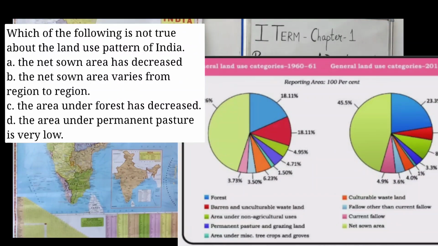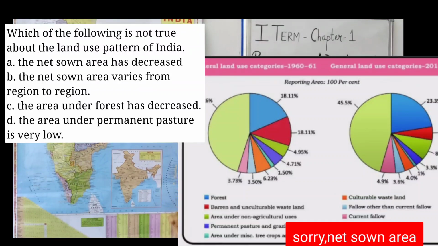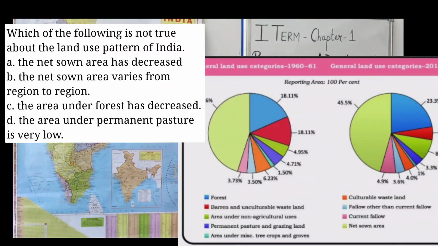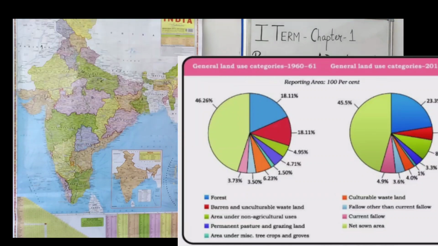Which is not true about the land use pattern? See the picture carefully. Net sown area has decreased? Yes. The land use pattern varies from one place to another? Yes. The area under forest has decreased? No. If you look at both pie diagrams, you will see there is an increase in area under forest cover. So the option, the area under forest decreased, is the answer.